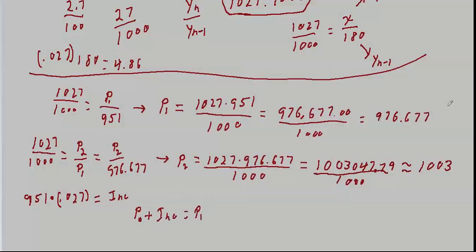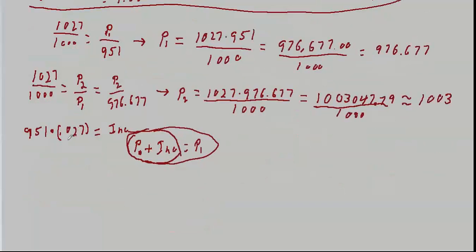Well, this thing here, this whole thing here, is there another way I could arrive at that without actually computing this and then adding in P1? Yeah, it's real easy. Suppose I write 1 plus this population growth number here times 951.